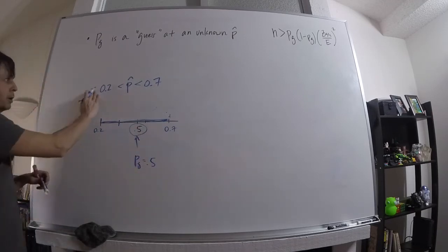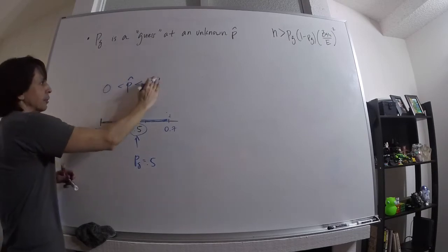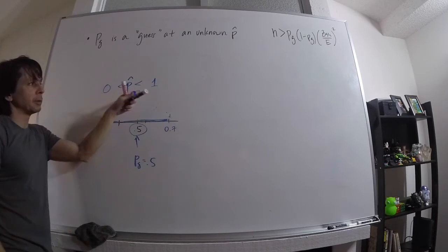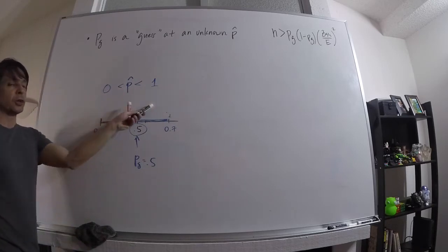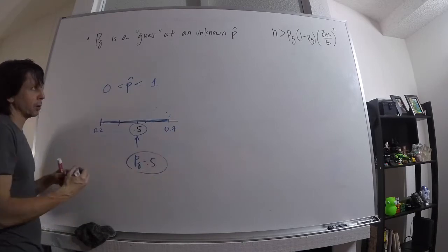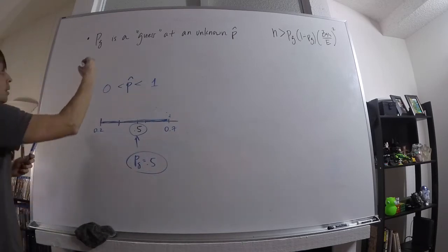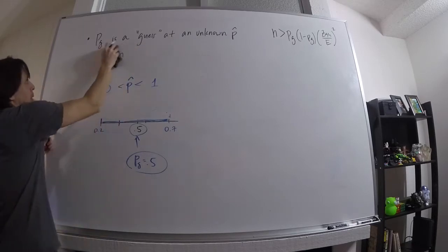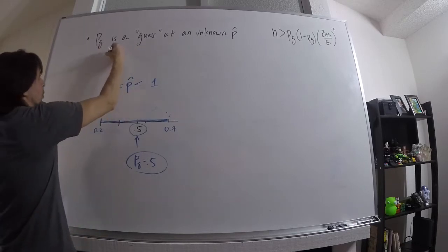Furthermore, if you don't know anything about P hat, it has to be between 0% and 100%, so it's got to be some value between 0 and 1. If that's all you know, meaning you have literally no information about it, you're going to pick PG equal to 0.5. That's the worst case scenario, with no information.